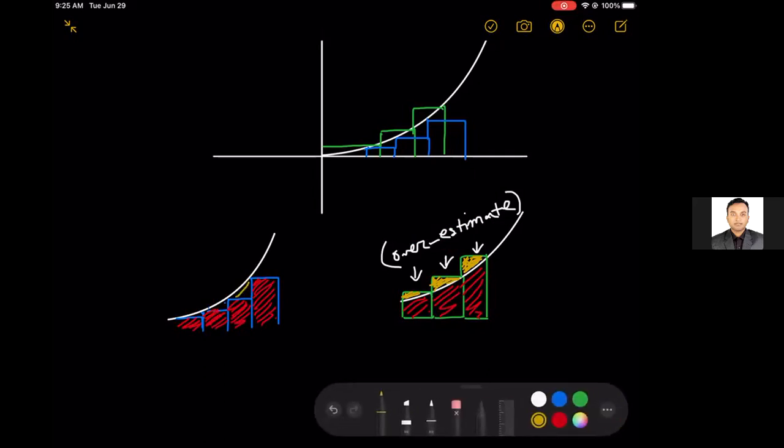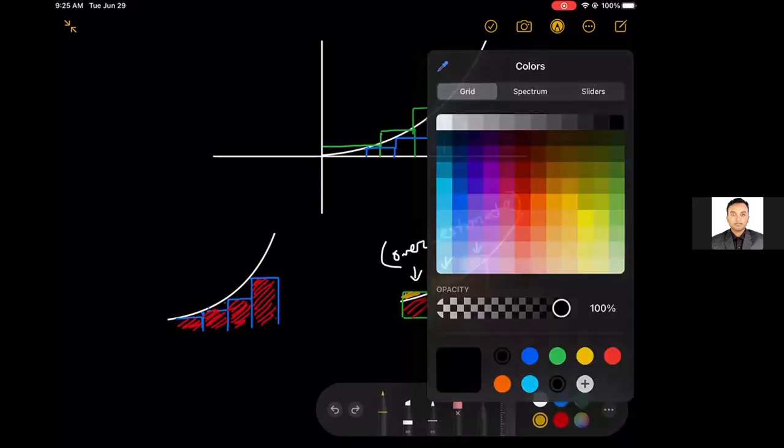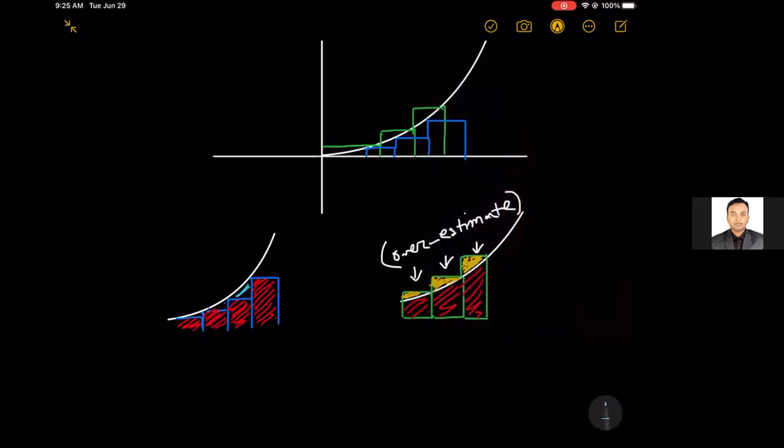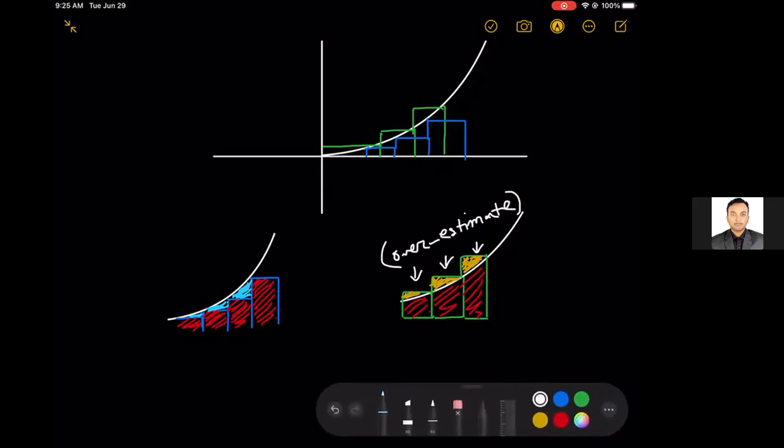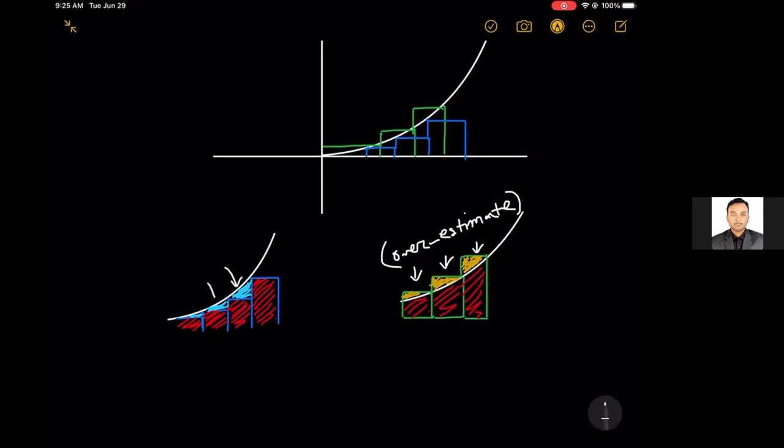I think I should change the color. We'll have this sky blue part here, which will not be included in our approximation. Do you agree? These three sky blue, as you can see, it's actually under the curve, but it's not really included in the rectangles we have drawn.